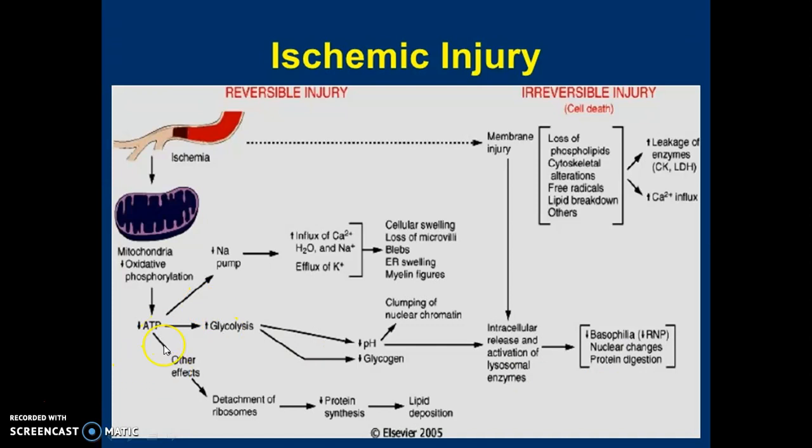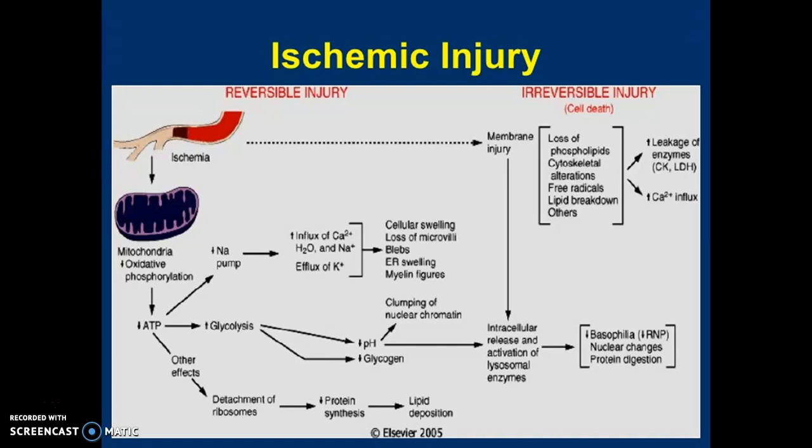Another effect of decreased ATP production is detachment of ribosomes from the endoplasmic reticulum. Because of detachment of the ribosomes, there is decreased protein synthesis, and there is abnormal lipid deposition in the cell in the form of fatty change.